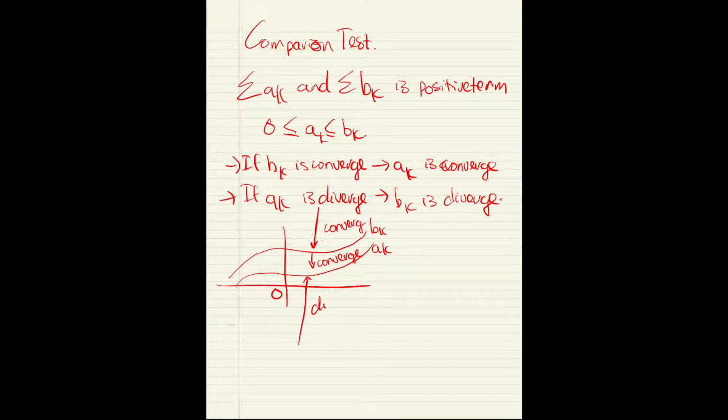If this one down here converges, then this one converges. However, if this one diverges, then the function b of k diverges.